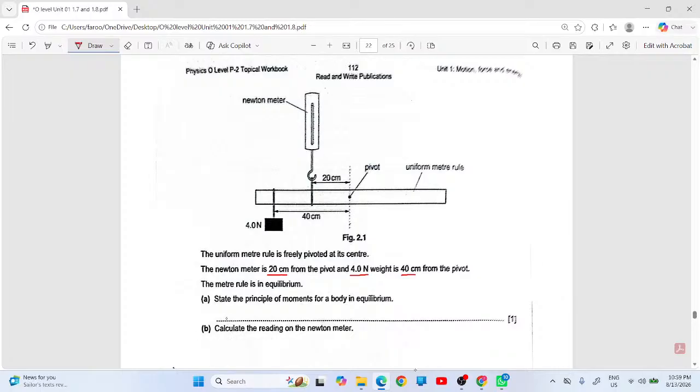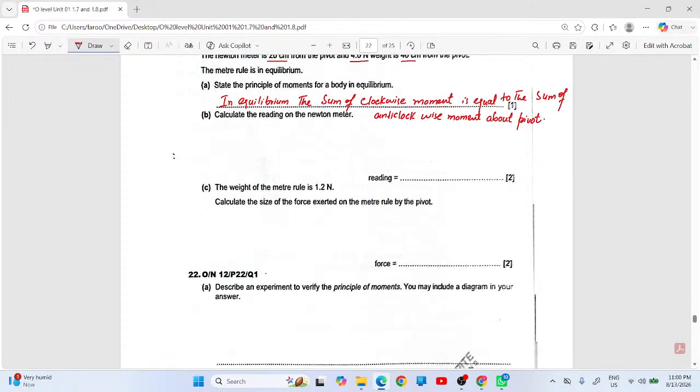In equilibrium, the sum of clockwise moment is equal to the sum of anti-clockwise moment about the pivot. Sir, one thing: in the exam two lines are given, right? The three. Okay.